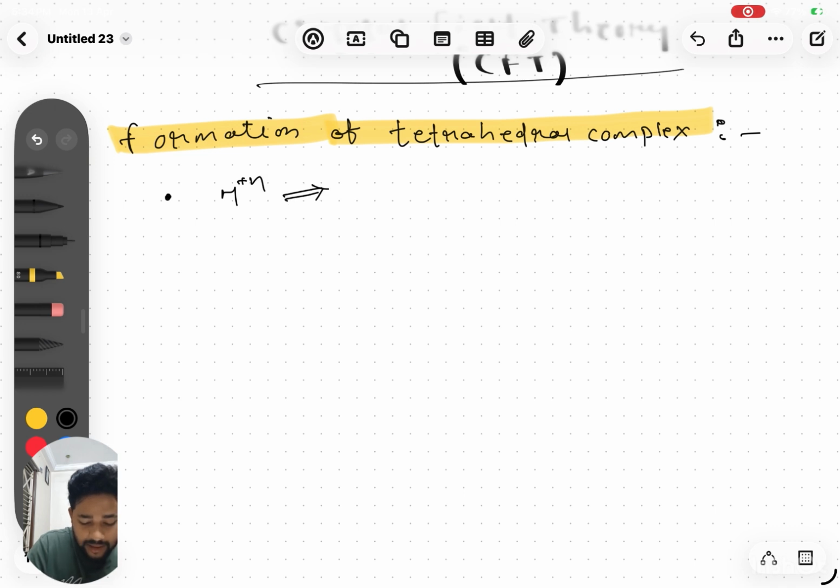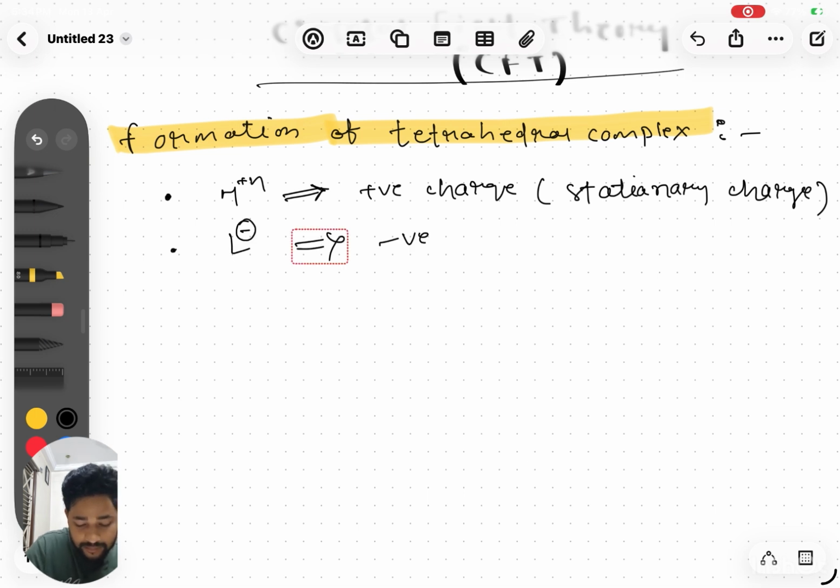We know that this crystal field theory has some assumptions. Here the metal is considered as positively charged or stationary charge, and the ligands are considered as negatively charged, that is moving charge.